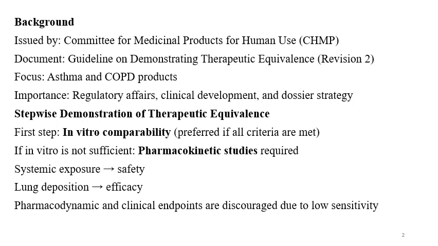So CHMP provides the guideline, and this document is the guideline on demonstrating the therapeutic equivalence, and it focuses on the products which are used for asthma and COPD. The importance of this guideline is for regulatory affairs, clinical development, and the dossier strategy.